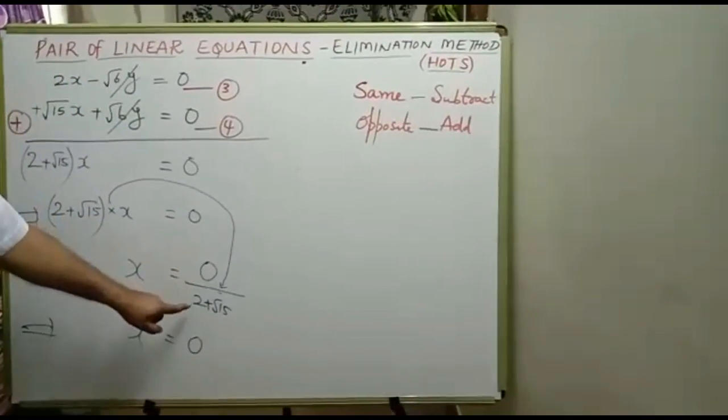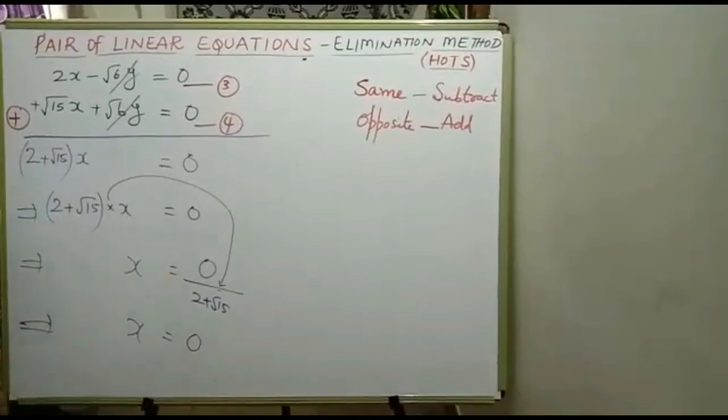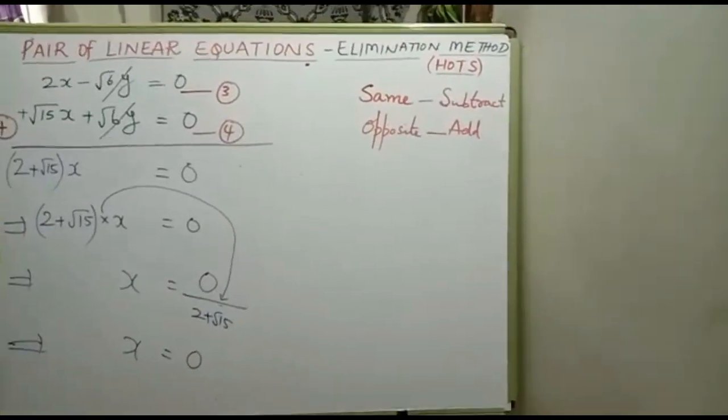So 0 divided by 2 plus root 15 is equal to 0. Just I got the x value.